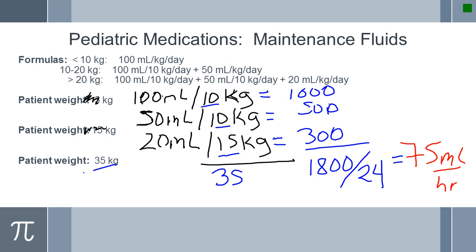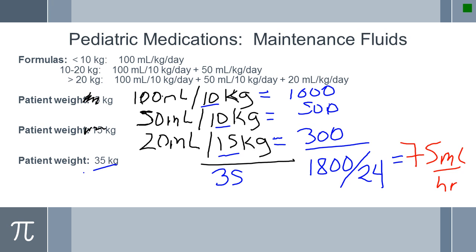Remember what I said, this right here should add up. 10, 10, and 15 is 35 kilograms, which is what my child was. So then when I do the math, 10 times 10, we've got 1,000. 50 times 10 is 500.